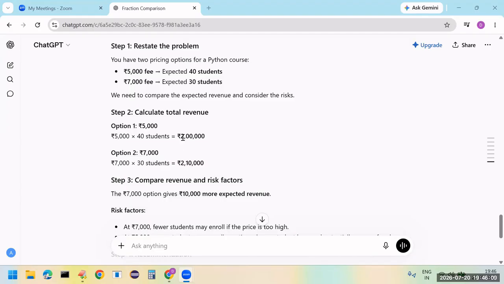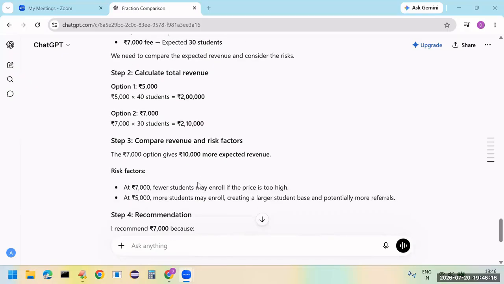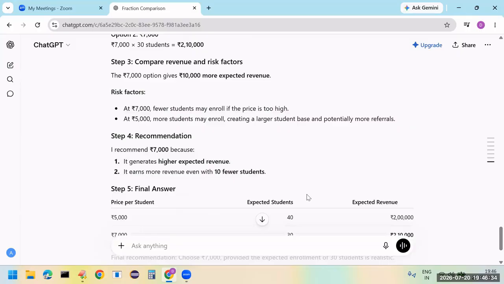Compare the revenue and risk factors. The 7,000 option gives 10,000 more expected revenue. Risk factor: at 7,000, fewer students may enroll if the price is too high. At 5,000, more students may enroll, creating a larger student base, potentially more referrals.